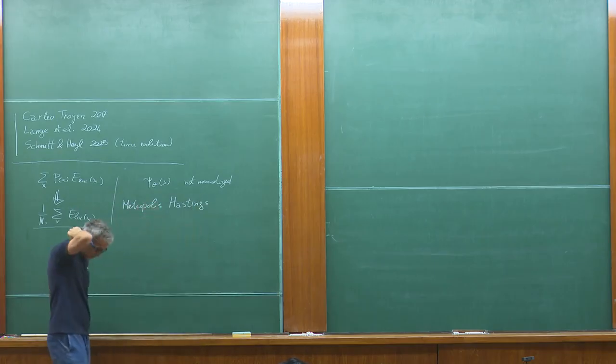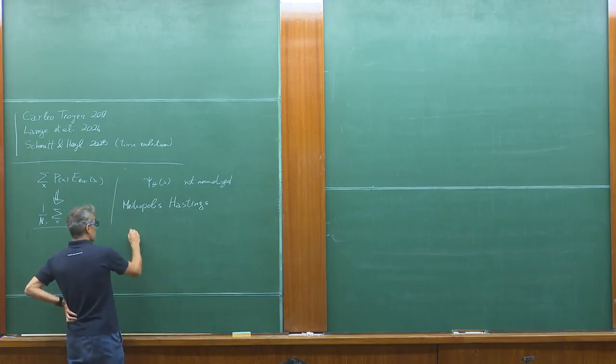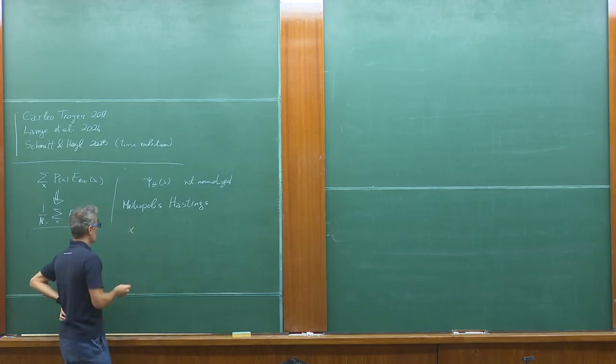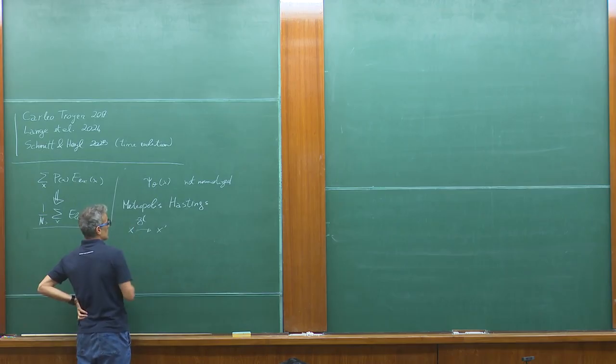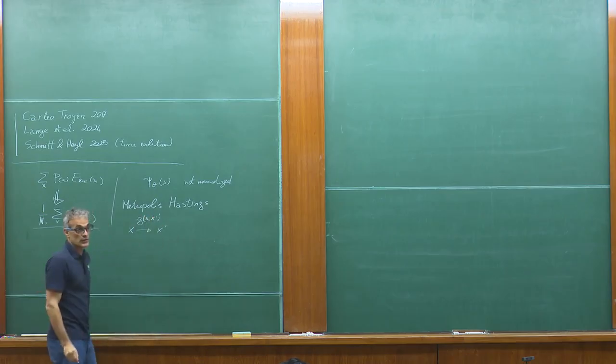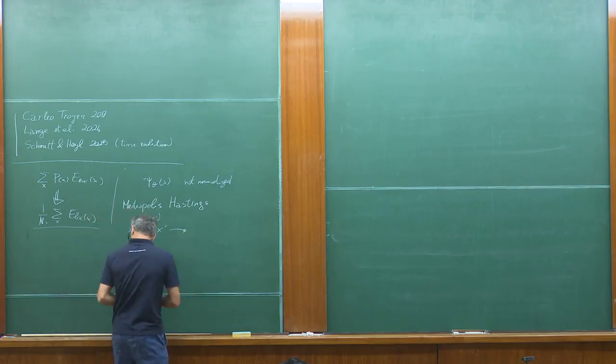And how does it work? Given a certain configuration, you build a Markov chain where you propose another configuration through some function g. Given x, you propose x prime, and then you see whether to accept it or not.